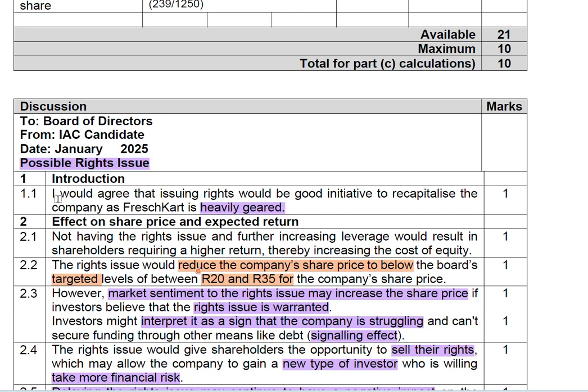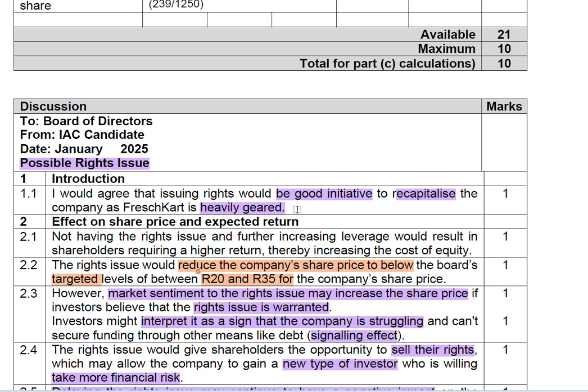So now if you're looking at the introduction, it says, I would agree that issuing the rights would be a good initiative to recapitalize the company as it is heavily geared. So now in the introduction, you're saying you believe this rights issue is a good initiative because it will reduce the debt of the company and even the ratios will improve.